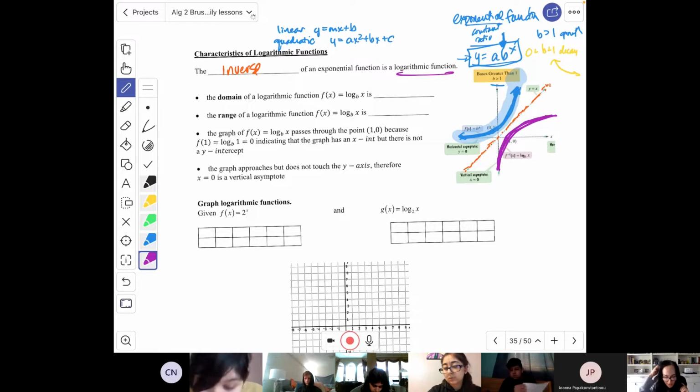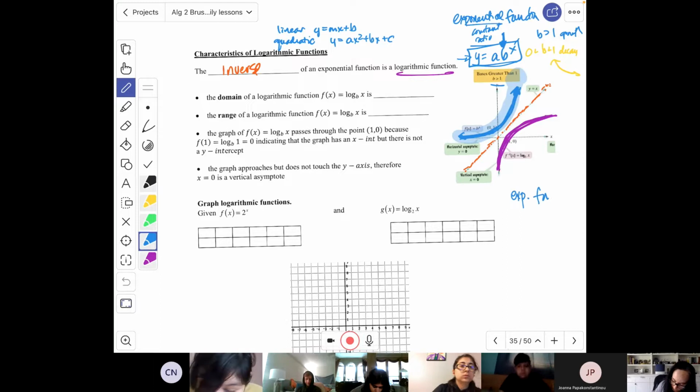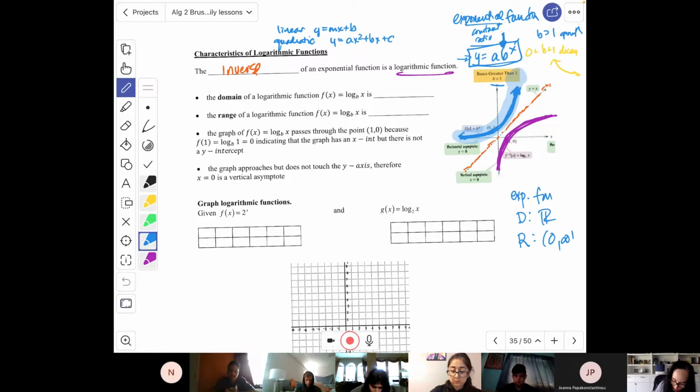So if I think back to my exponential function, my domain was all real numbers. My range was 0 to infinity. Remember, because we had a horizontal asymptote here. So that's why my range was 0 to infinity and didn't include 0.